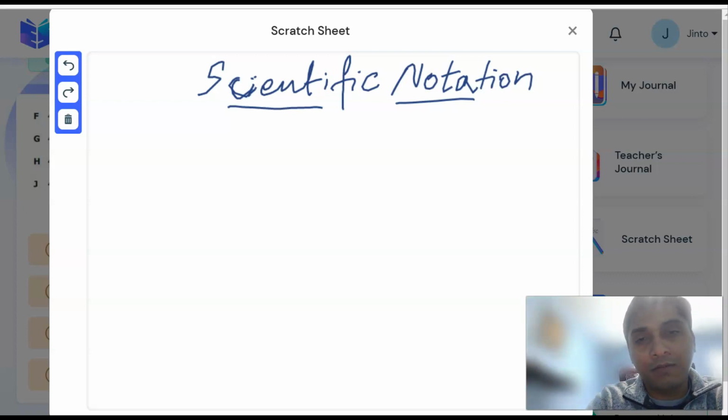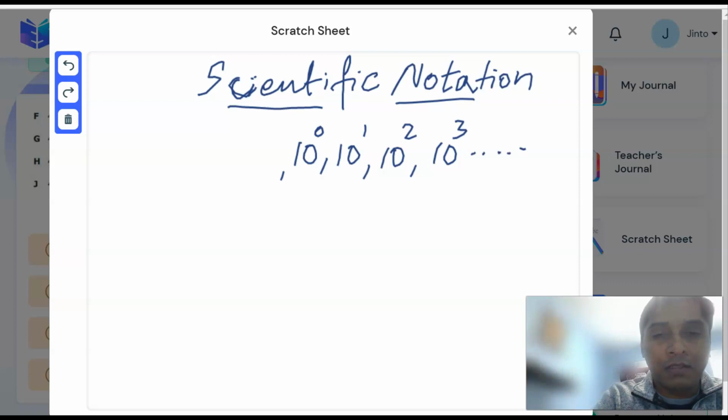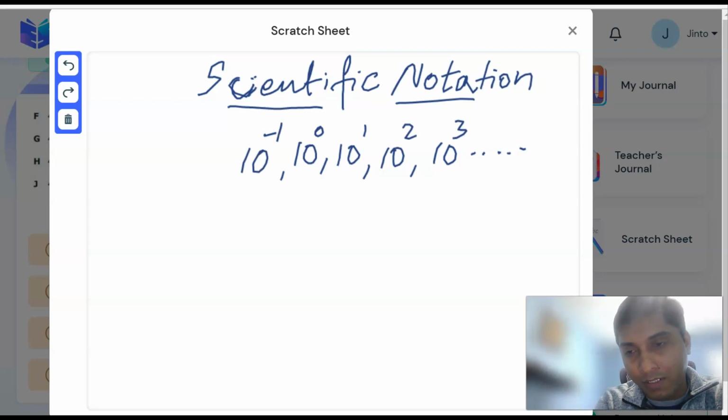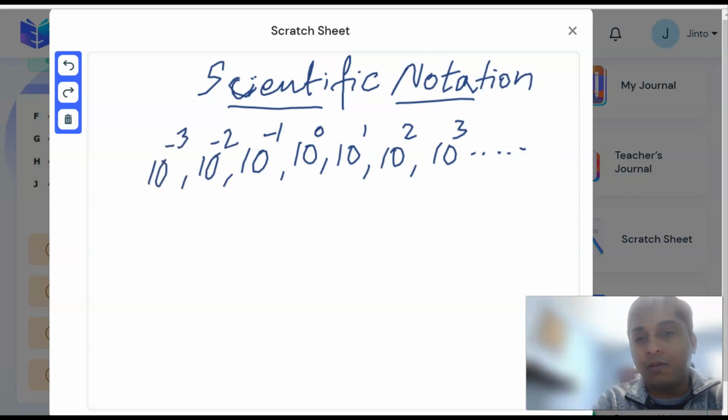For example, let's look at 10 to the power of 0, 10 to the power of 1, 10 to the power of 2, 10 to the power of 3, and it goes on, the bigger numbers. But on the other side, we can think about the smaller numbers, 10 to the power of -1, 10 to the power of -2, 10 to the power of -3, and it goes on.